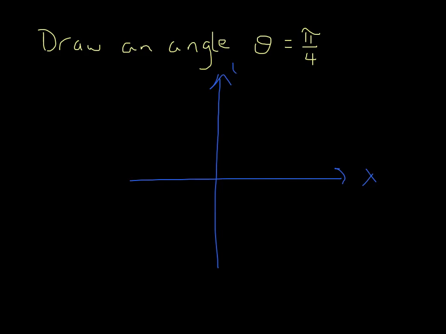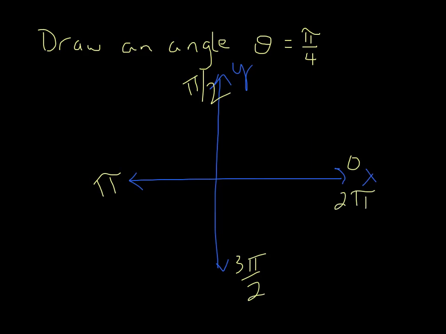Okay, so here's my x, here's my y. We saw in the previous that this would be 0, this would be pi over 2 radians, that's pi, 3 pi over 2, and this is 2 pi radians. So where does pi over 4 fit in? Well, pi over 4 is going to be halfway between 0 and pi over 2.